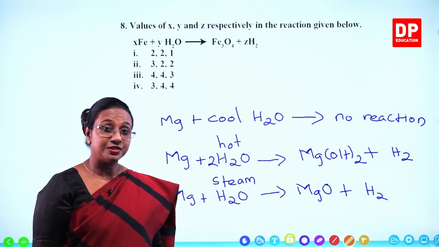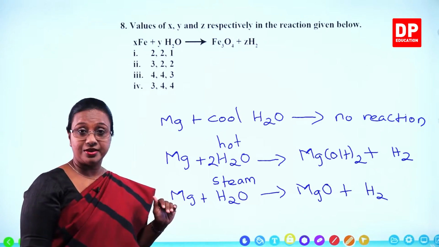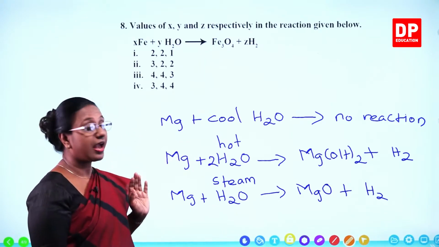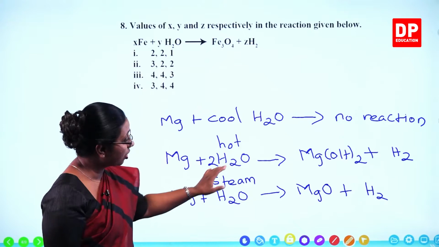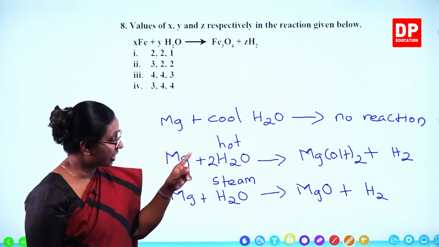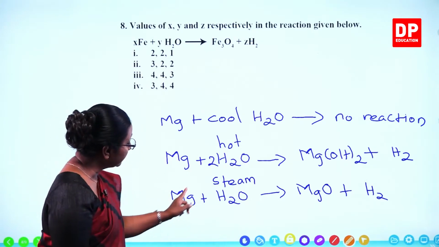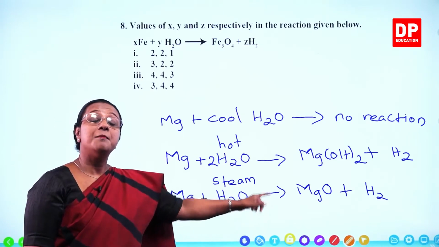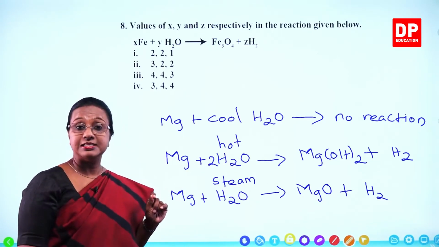Is that clear, students? You all can remember all these reactions. Magnesium doesn't react with cool water, reacts with hot water to give magnesium hydroxide and hydrogen gas. Magnesium reacts with steam to give magnesium oxide and hydrogen gas.